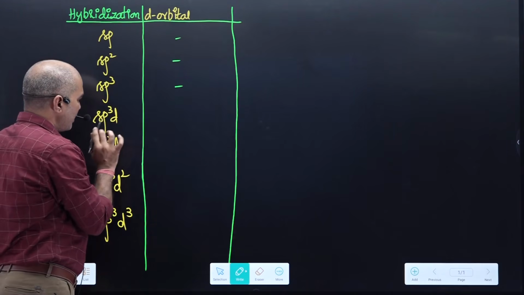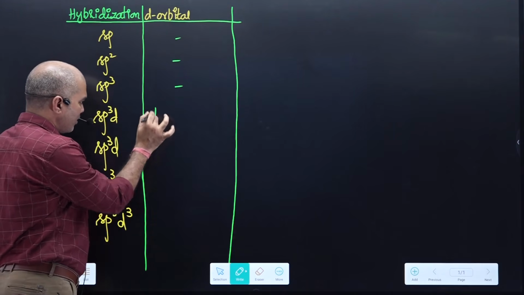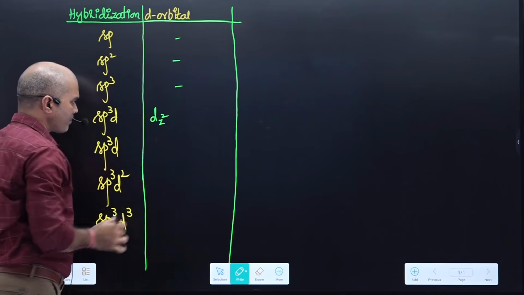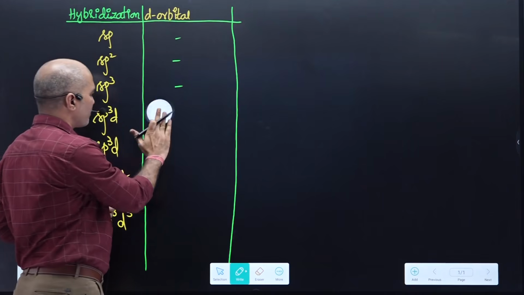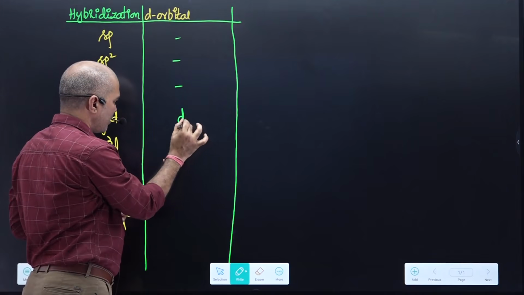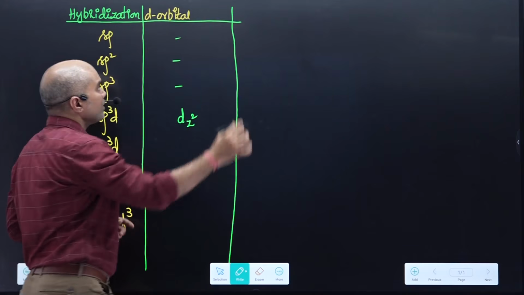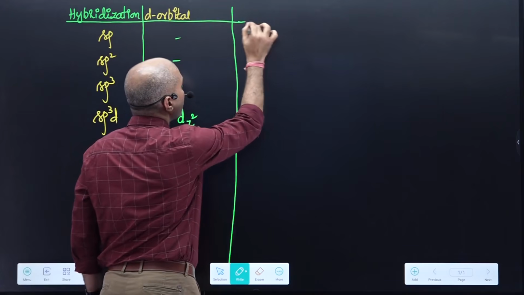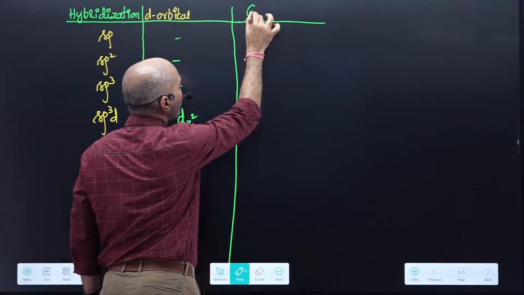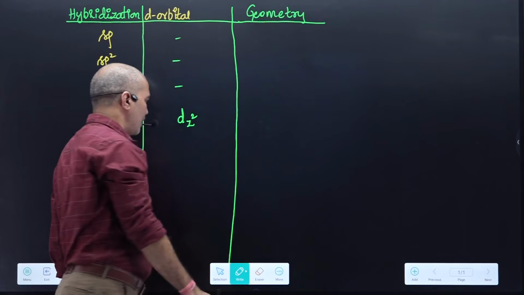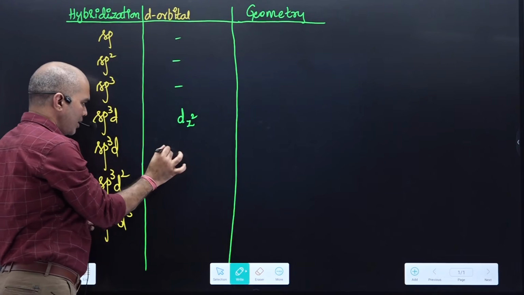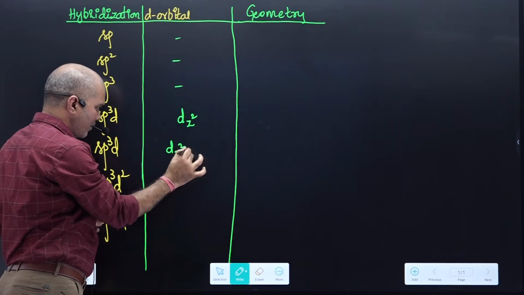Right. In sp3d, if the d orbital involved is dz square, that will give you one geometry. And if the d orbital involved is dx square minus y square, that will provide one more geometry.